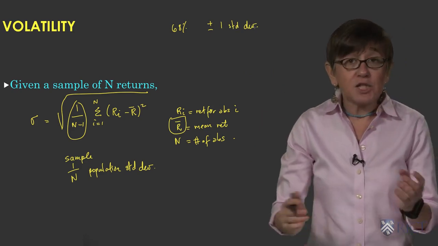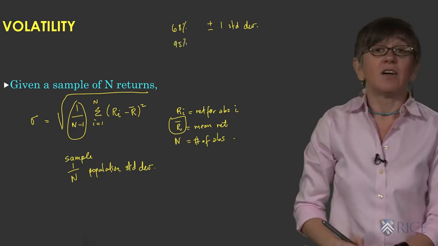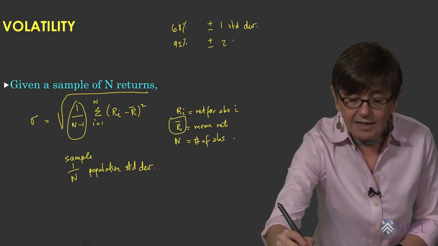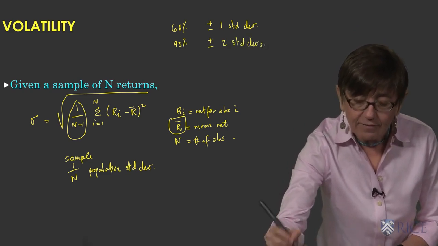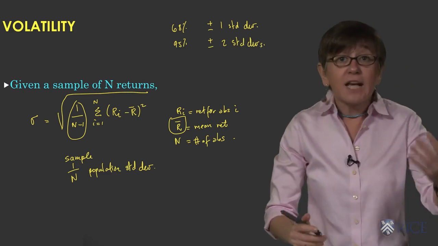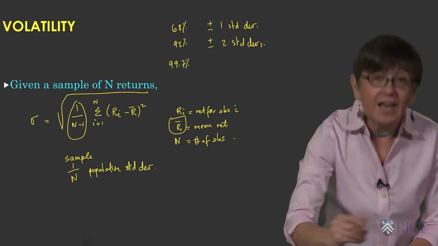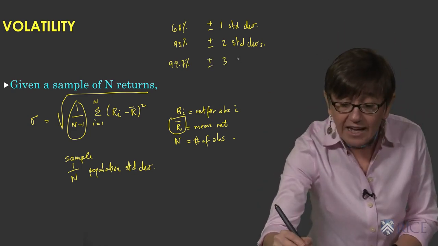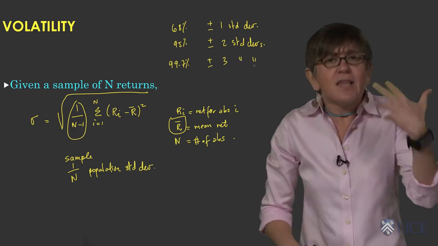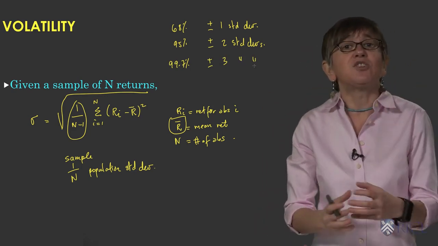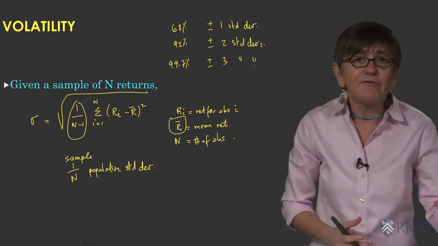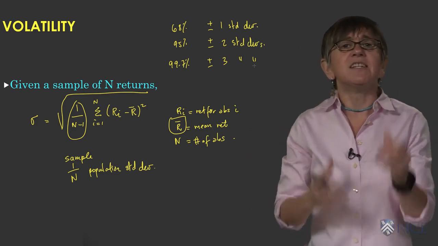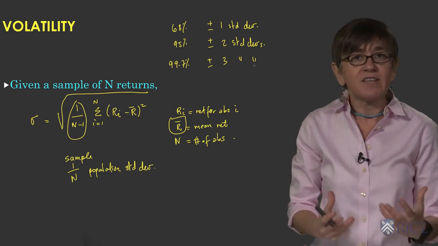We would expect about 95% of all the observations to fall within plus or minus 2 standard deviations from the mean. And finally, we would expect 99.7% of all observations to fall within plus or minus 3 standard deviations from the mean. This is important because this allows us to make probability statements about how often good or bad events are expected to occur.